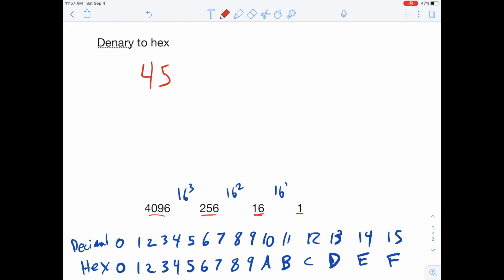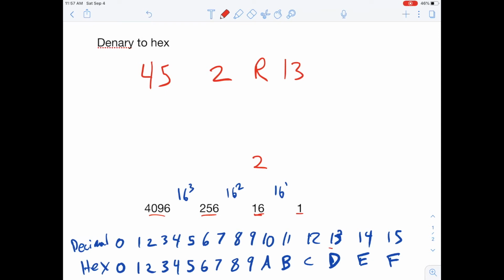And another way to look at it is 45 divided by 16 is going to be equal to 2, with the remainder 13. And so the digit in the 16th place is going to be 2, and the digit in the 1's place is going to be the remainder, which is 13.